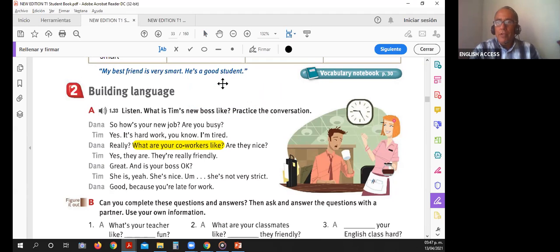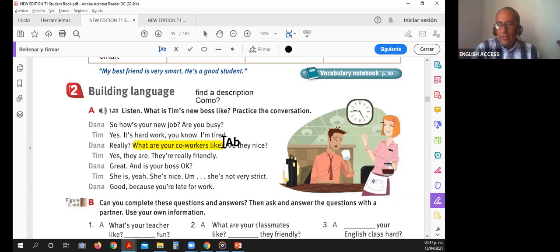¿Cómo es tu jefe? ¿Cómo es el jefe de Tim? What is Tim's new boss like? And in this case, like is not gustar. Like is como, to describe the personality.